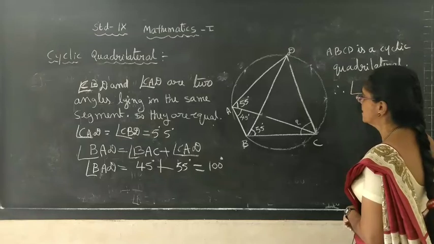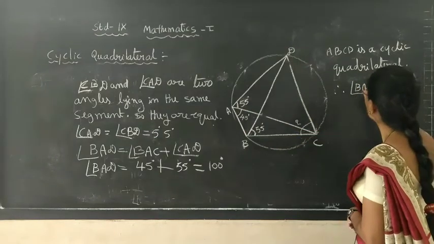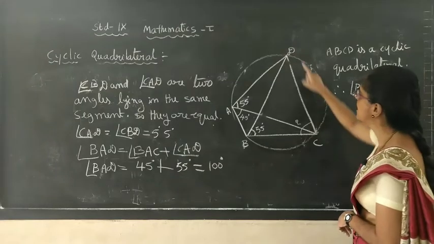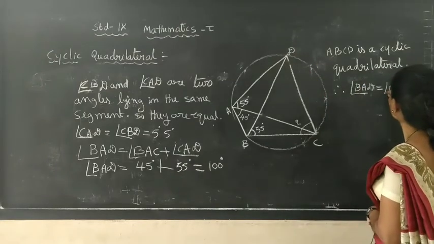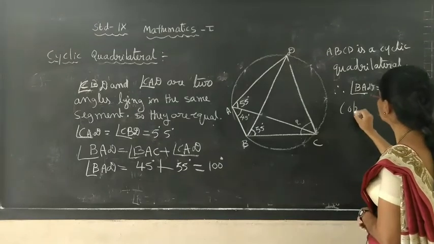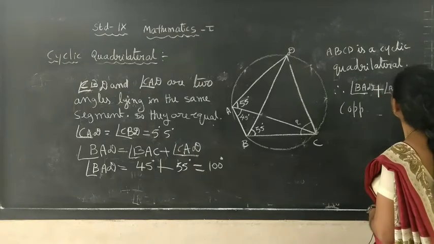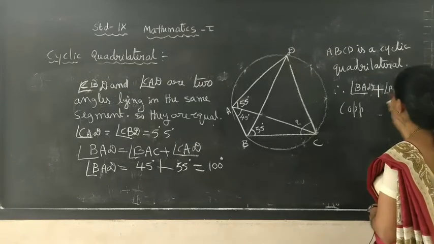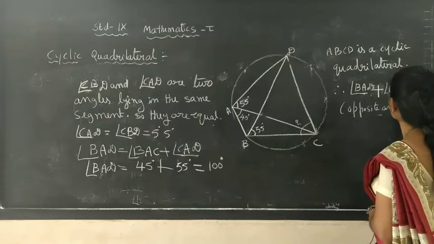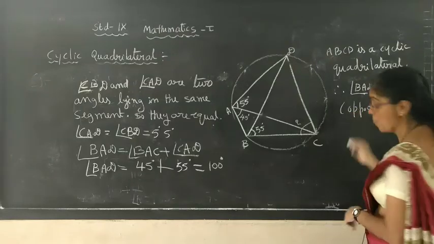Therefore, angle BAD plus angle BCD is 180 degree. Why?